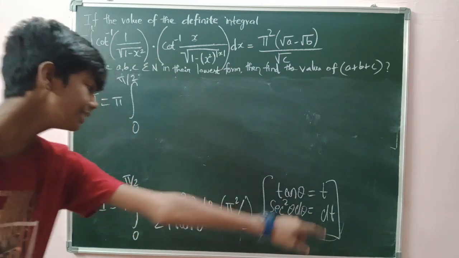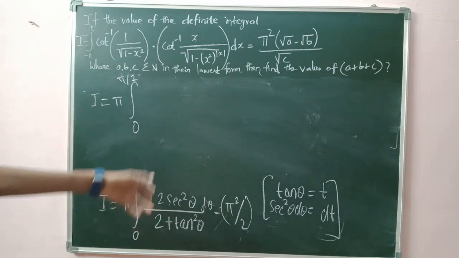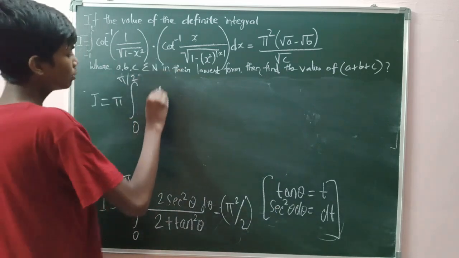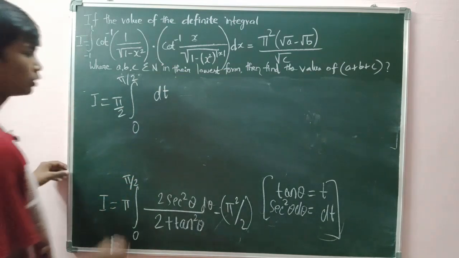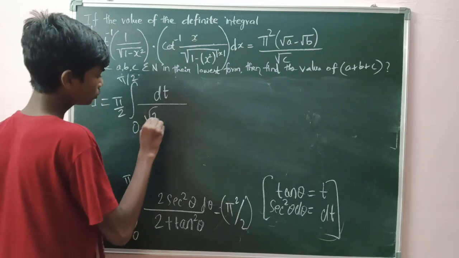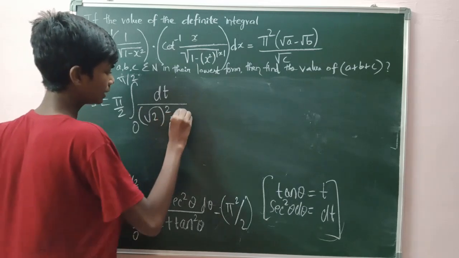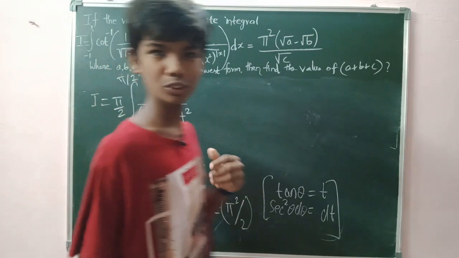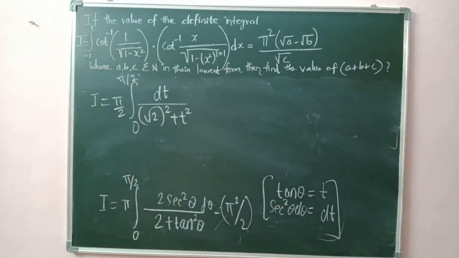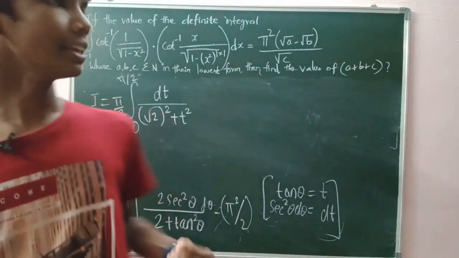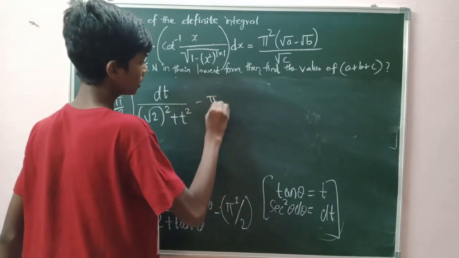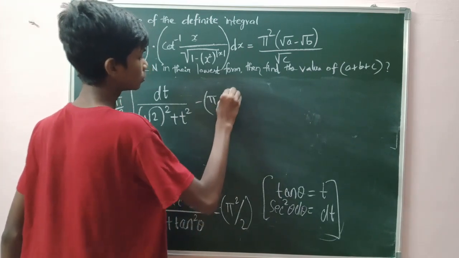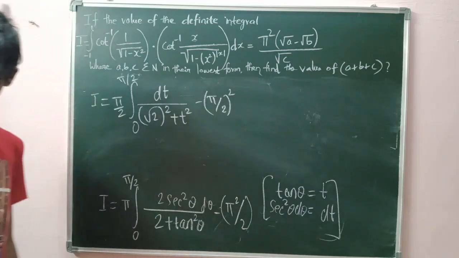Secant square theta d theta is dt. So 2 secant square theta d theta I can write as dt by 2. So dt over here and 2 over here. Then 2 plus tan square theta is 2 plus t square. So this 2 I can write as 2 to the whole square plus a t square. That's all. Completely we have done with it. Okay. So actually what I did is very simple, guys. For this particular integral, here it will be minus pi by 2 the whole, not whole square, sorry.